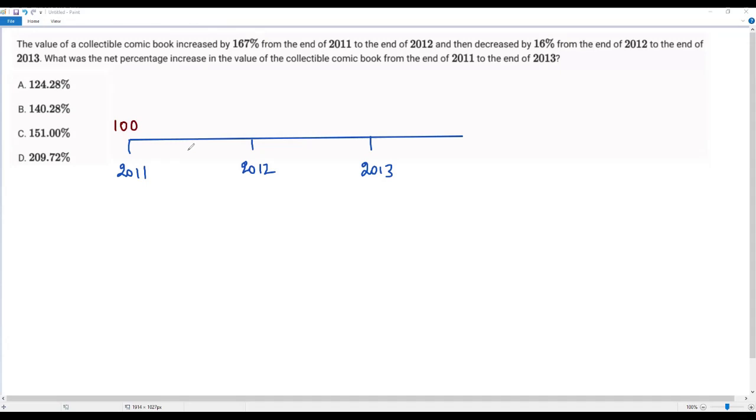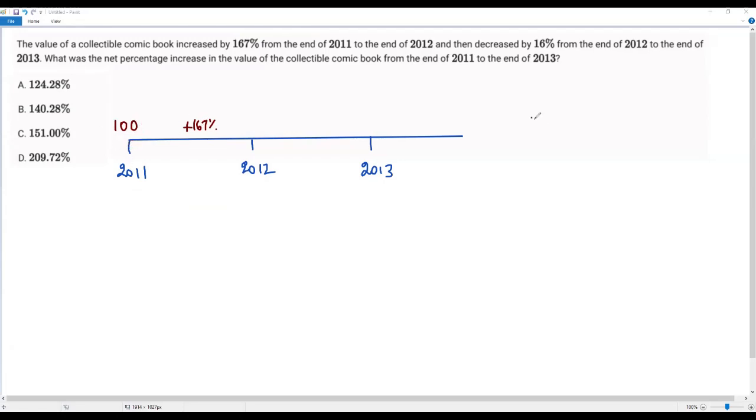Okay, now at the end of 2012, the question says it is increased by 167%. So we have to increase the initial value 100, that is the number of comic books we have assumed at the end of 2011, by 167%.